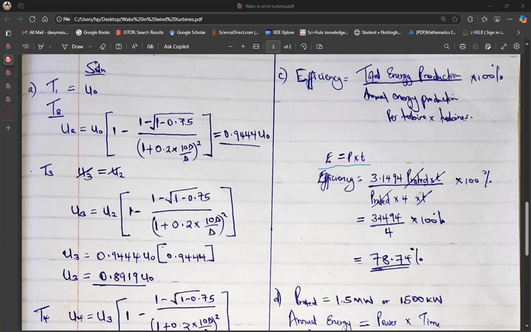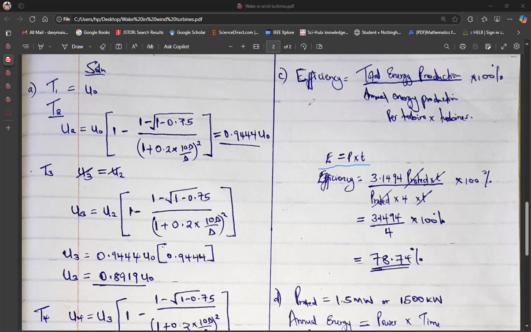And then we multiply by T. You can see that the P rated and the P rated cancel, the T and the T cancel. So we are just left with 3.1494 divided by 4. But we want the efficiency in percentage, so we multiply by 100. And here we get 78.74%. It's that simple.